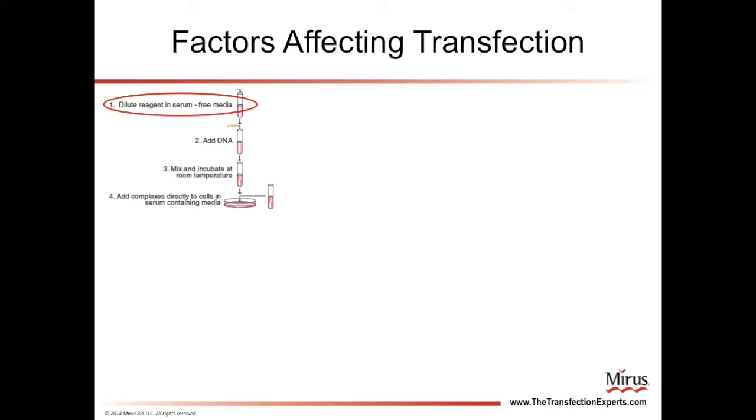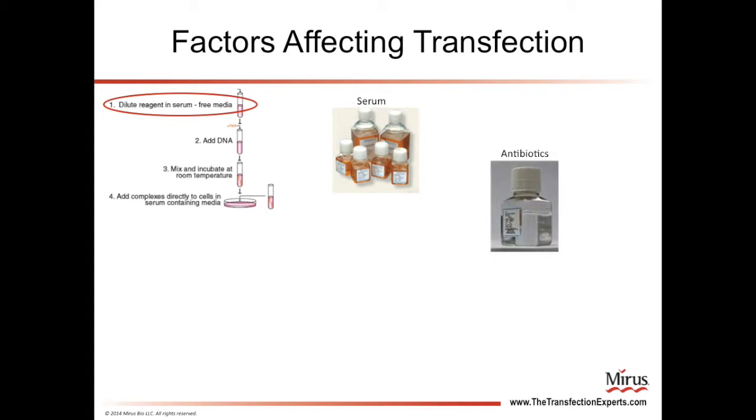One of the major factors impacting transfection efficiency is the composition of the serum-free medium used for complex formation. Serum is avoided at this step because it contains nucleases that can degrade the nucleic acid before it has had time to associate with the transfection reagent. Some antibiotics, such as kanamycin, are cationic and will inhibit transfection complex formation and should be excluded from the complex formation step.